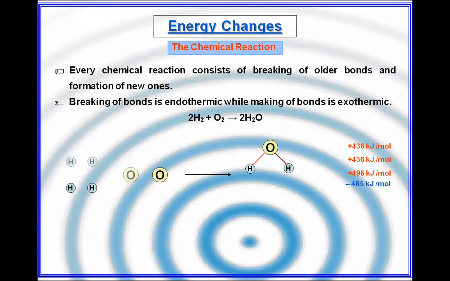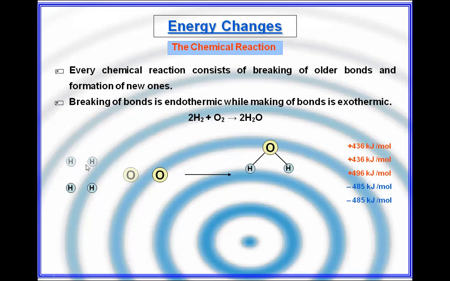Now, what happened? When oxygen combined with hydrogen atoms, 485 kilojoule per mole energy is released. So one OH bond is formed, a second OH bond is formed, the two OH bonds are formed. They are the new bond formation. That is why energy is released.